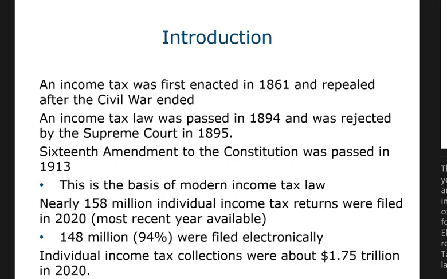And on those tax returns, the amount of taxes paid by individuals was $1.75 trillion in 2020. You can do some math and figure out how much per return on average. But the main thing is this is a large enterprise, obviously, to deal with all these different situations. 158 million individuals.